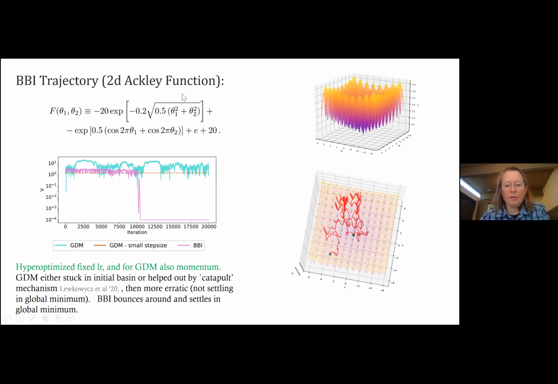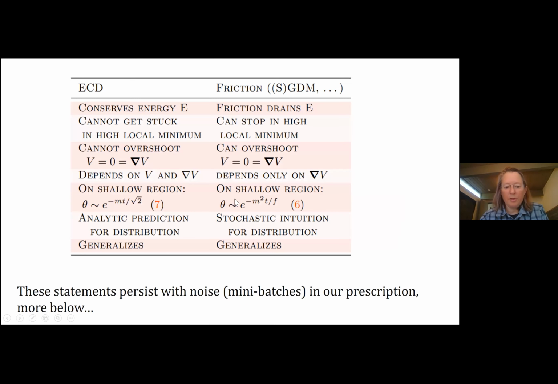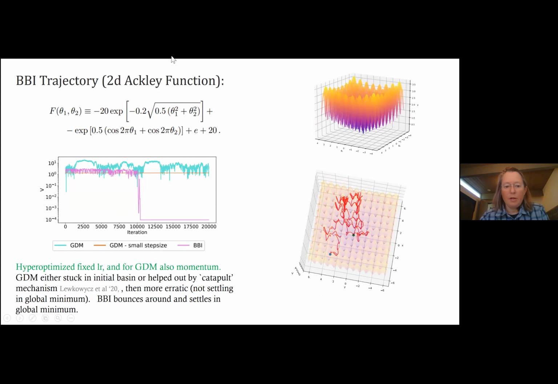But let me come back to experiments on the basic properties. So we already talked about little experiments on the shallow regions. Let's do a study of a highly non-convex example. We have several of those at the same scale. So here's one that we can visualize very well.